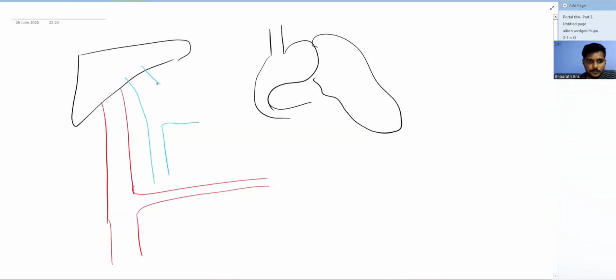And then this left gastric vein was cut here, right gastric vein was cut here, and the splenic vein was transected here. So now this splenic vein enters into the renal vein. This is the inferior mesenteric vein, and this continues as the splenic vein up to the spleen, right?